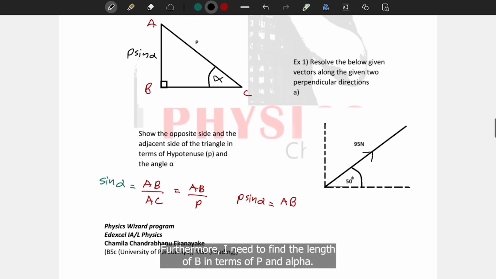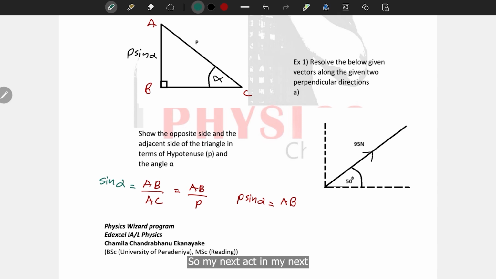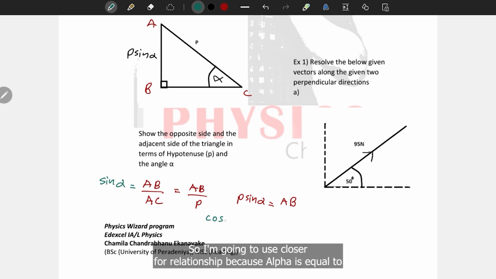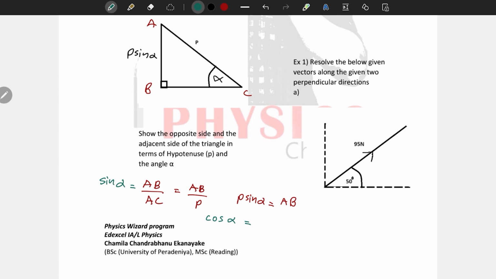Furthermore, I need to find the length of BC in terms of P and alpha. So in my next attempt, I'm going to find the length of BC in terms of P and alpha. I'm going to use the cos alpha relationship. Cos alpha is equal to the adjacent side, which is BC, over AC.